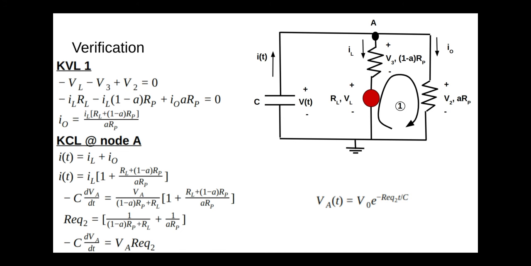When the switch was opened, I again used a combination of KVL and KCL to find the same equation as before for the voltage at any time t once the switch has been opened at node A.